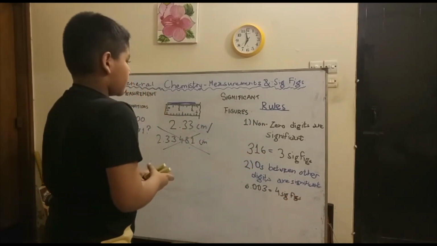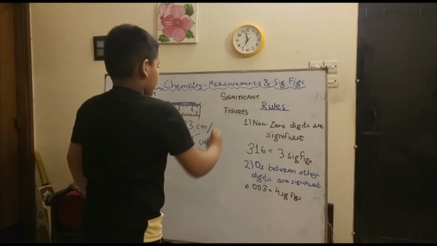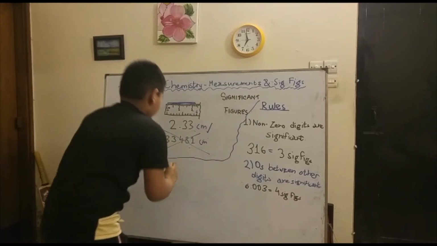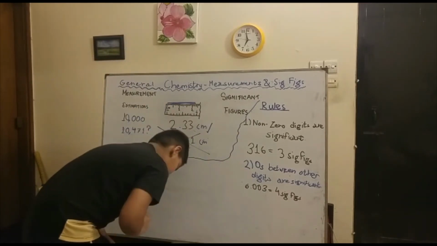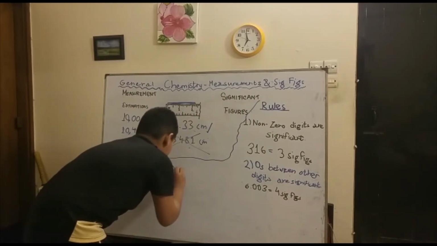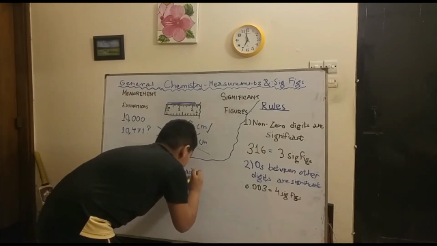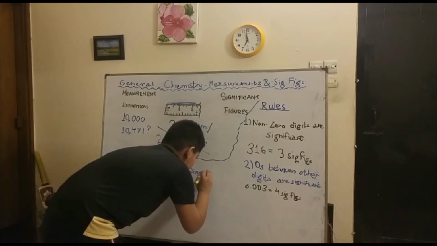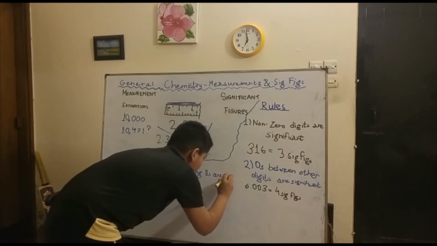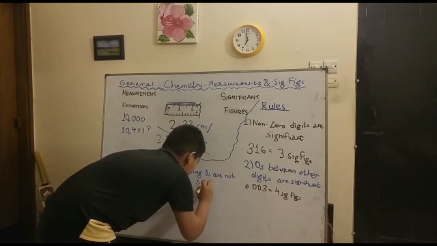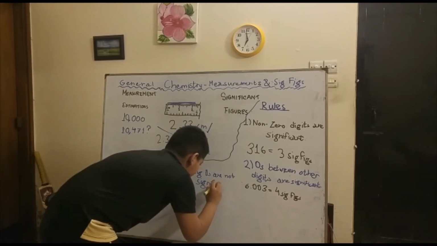Okay, so the third rule, let me separate these by the rules. The third rule says that leading zeros are not significant.